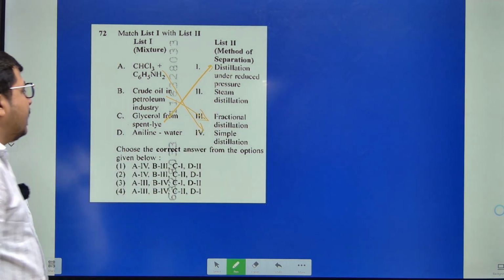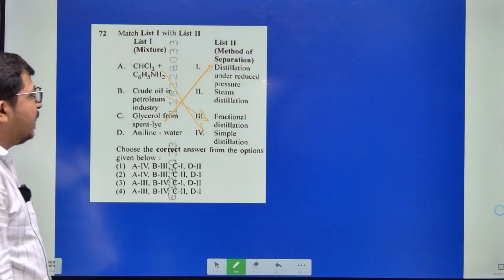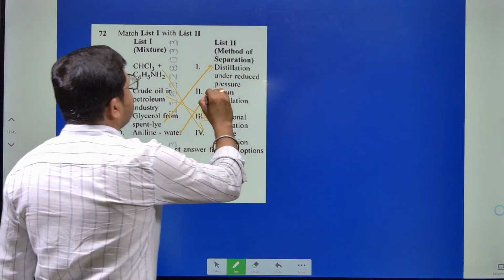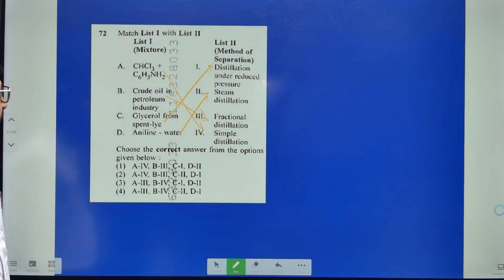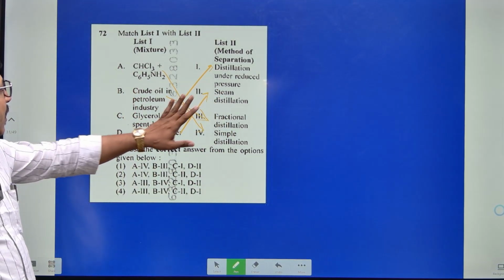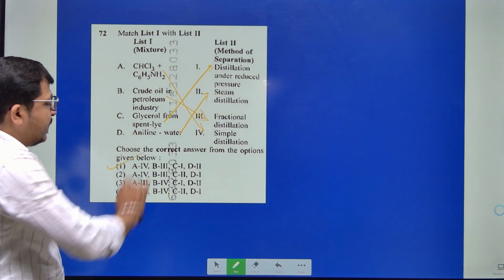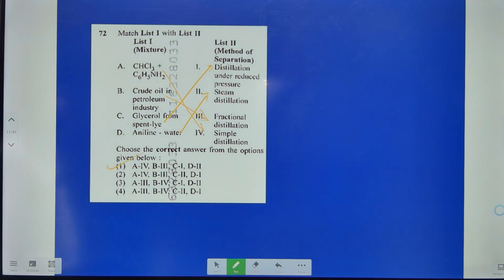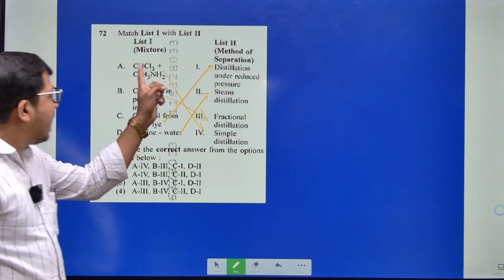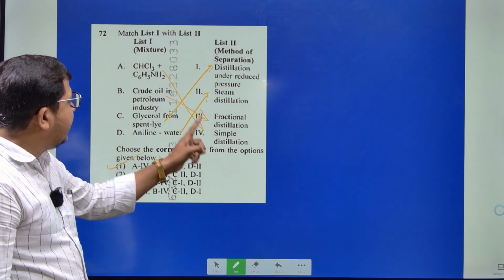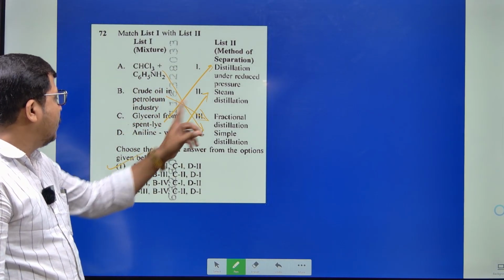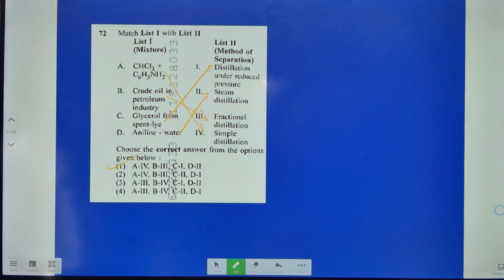And aniline water is separated by steam distillation. These are the methods of separation along with the mixtures. Hence, the right option is option number 1: A4, B3, C1, D2.